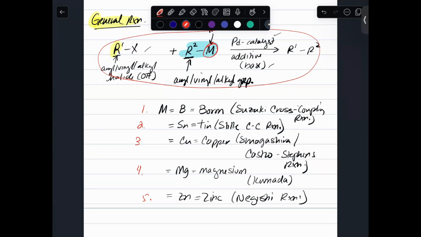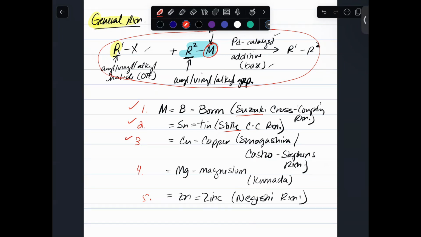I'm not going to go over all five because the mechanism is pretty general, but I want to go over the first three. Specifically, I want to go over the first two, because Suzuki and Stille won the Nobel Prize with Heck in 2010. I definitely want to get into their chemistry and the relevance behind it.